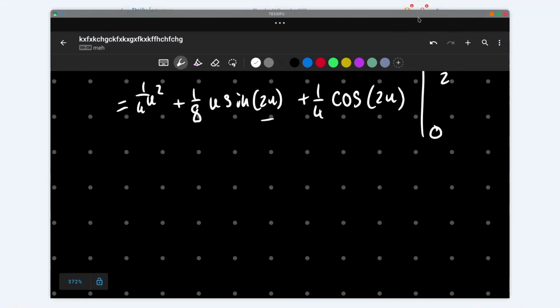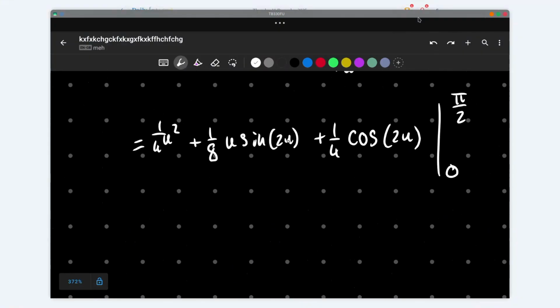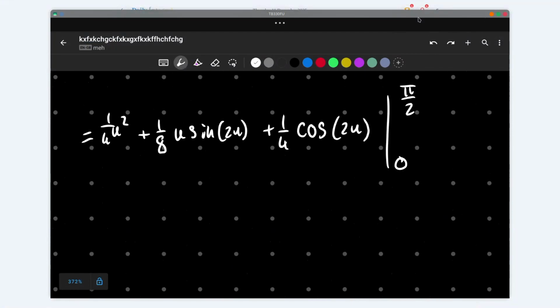0, 0, 1, pi over 2, blah, blah, blah. That would just be pi, which is 0. That would be pi, which is negative 1. Okay, so we've got 1 over 4, no, pi squared over 16. Please tell me I'm not wrong, please. Okay. Plus 0, let me just write anyways. Plus 0 minus 1 over 4.